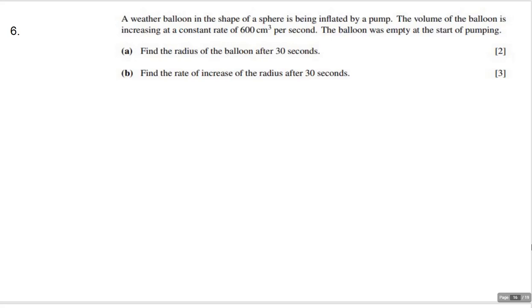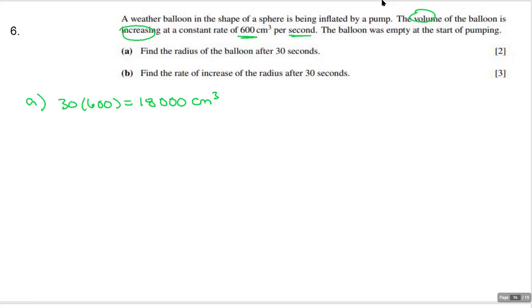They're telling us that we're pumping in so much air per second, that the volume is increasing this much per second. So this is really straightforward. I'm going to take the 30 seconds and multiply it by 600, and I'm going to find out that it's going to be a volume of 18,000 cubic centimeters.